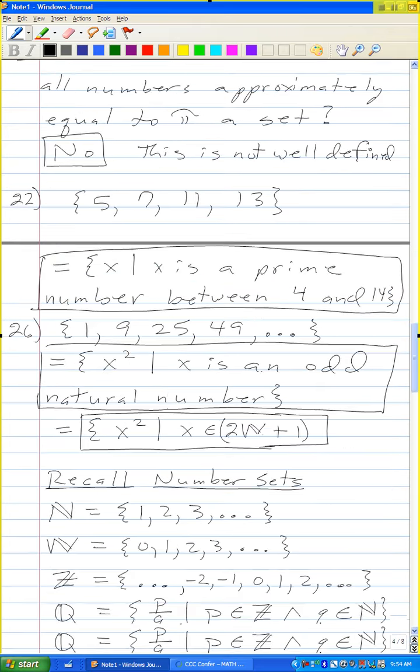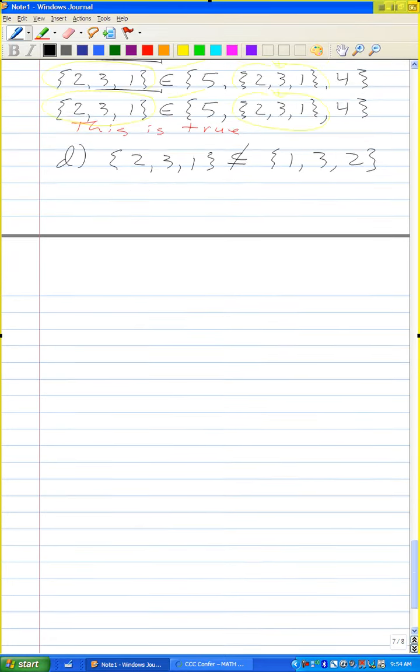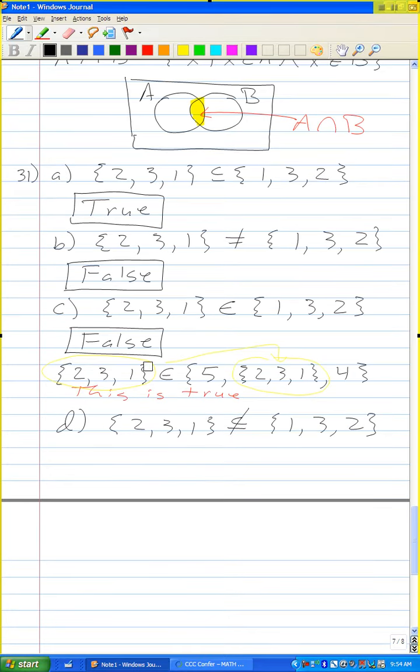The reason that this was not a member of the set is because this whole set was not included in the listing of the elements of the set.